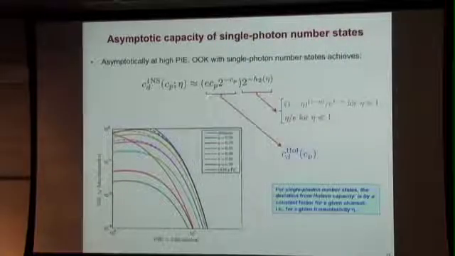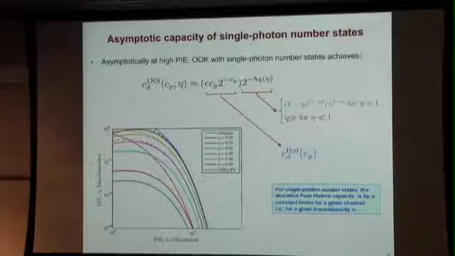Calculation on this is asymptotically, if you just use 0 and 1 number states, and you use them in the right proportions, just like you would for OOK, you can achieve a dimensional efficiency which, relative to the photon efficiency, is to the minus photon efficiency, but including this time the linear factor that was there in the Holevo bound, but a multiplicative factor that's a little bit different.